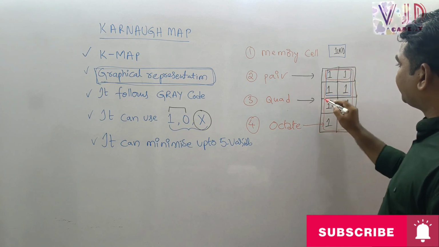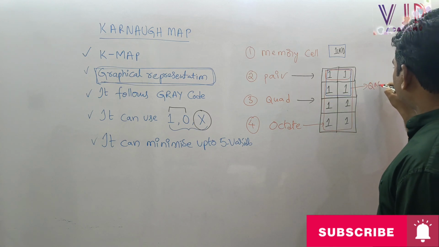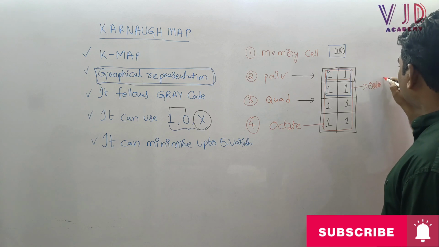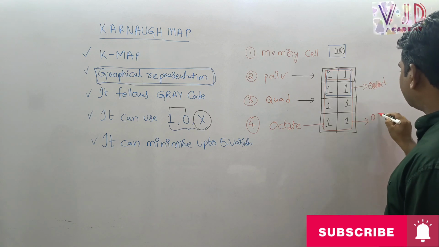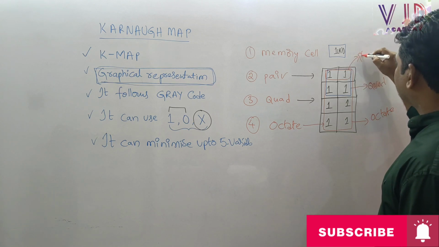This is called octet, and then this is called quad.